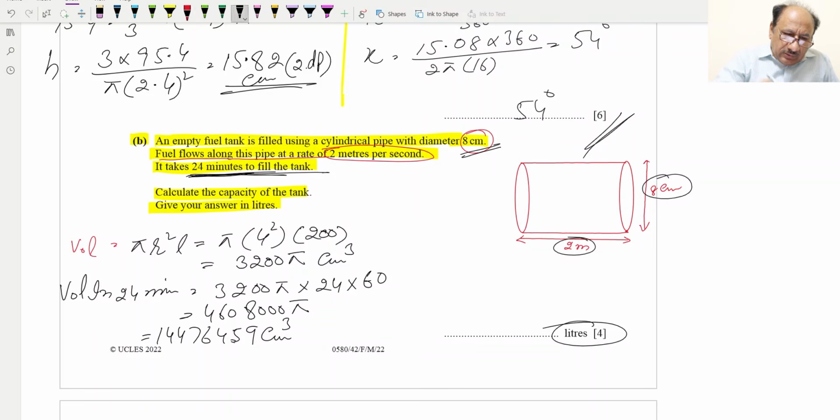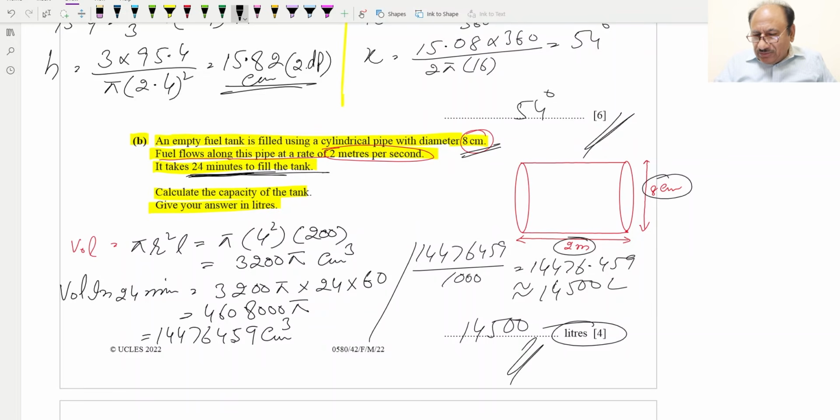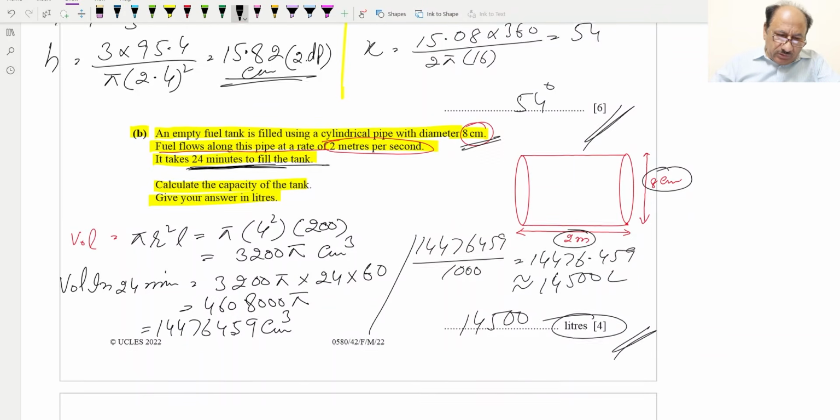Now we can write here, 14476459 divided by 1000, so this will be equal to 14476.459, and the rounded answer we can write is 14,500 liters. This was a 4-mark question which we have done. Hopefully you understood each and everything.